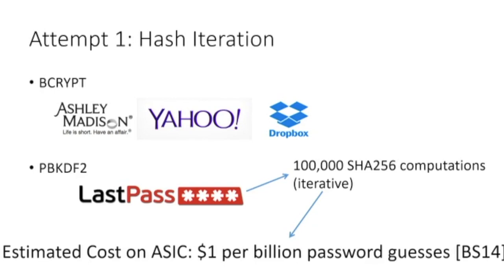And if you amortize over hardware cost and energy cost, this would translate to about $1 per billion password guesses. So that's still pretty cheap. The cost per guess is still marginal.